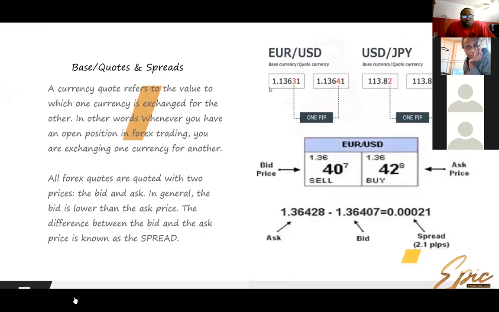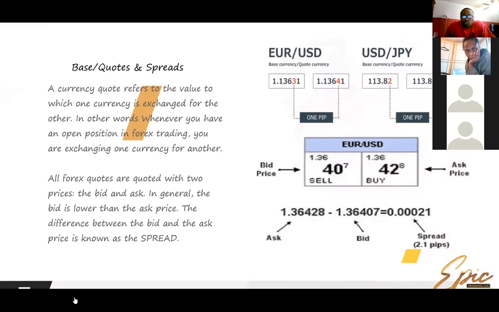The base is the left side of the pair, the quote is the right side. A currency quote refers to the value to which one currency is being exchanged for the other. In this example, the euro is being exchanged for the dollar, or the dollar is being exchanged for yen. In other words, whenever you have an open position in Forex trading, you are exchanging one currency for another.